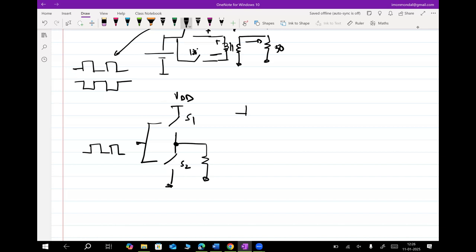That is, when S1 is on, S2 is off, and so on. So then all the current from VDD either flows into the resistor or goes this way. And there is no direct path between VDD and ground, right?